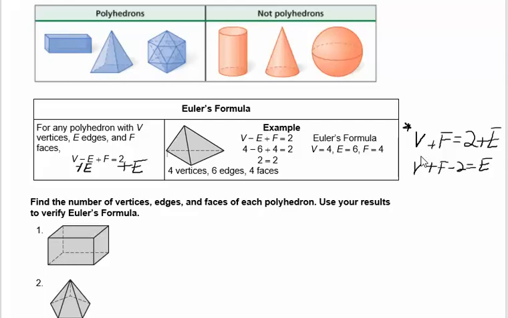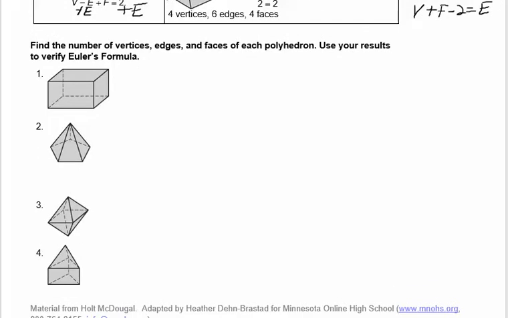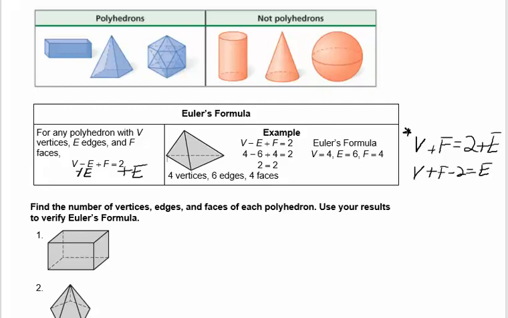Let's do number 3. We're going to write how many vertices, edges, and faces there are, and then verify Euler's formula, and you can use any of the forms that you like.